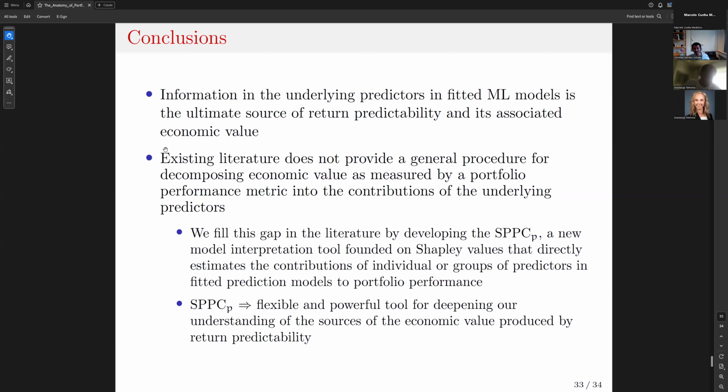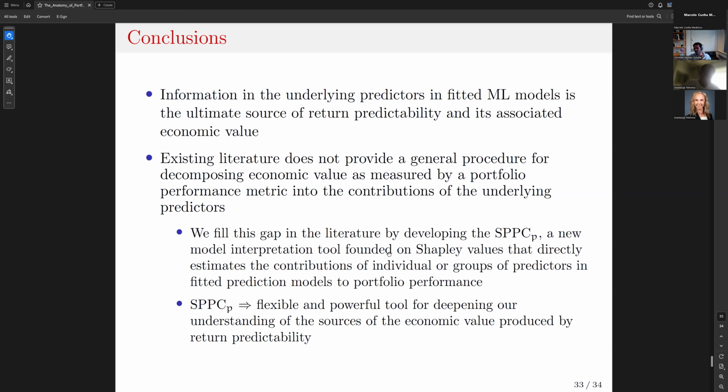We will add that in a future version of the paper as a benchmark because, intuitively, they are going to be similar, but obviously Shapley values are better, right? So essentially what we're doing is filling this gap in the literature, coming up with a more advanced and proper method of measuring these marginal effects that is not simply removing that predictor.